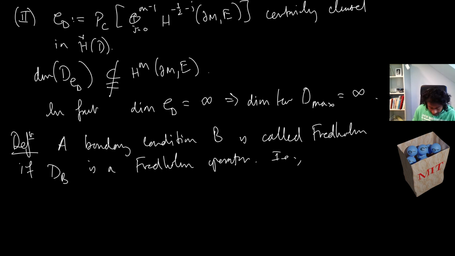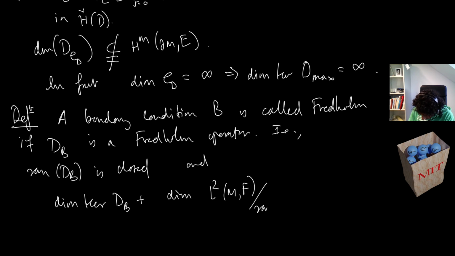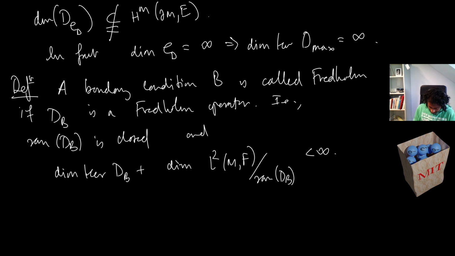That means that the range of D_B is closed and the dimension of the kernel of D_B plus the dimension of L2(M; E) modulo the range of D_B is finite. And that's of course the index.